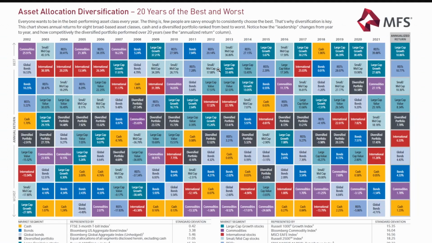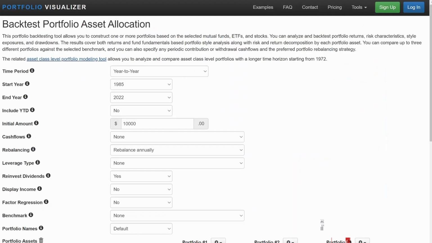But again, like I said, there's some kind of rhyme and reason to all of this. And it really comes down to backtesting. Now, even though backtesting does not prove future success, I still think it's important, just so you can get an idea of what to expect in the market.